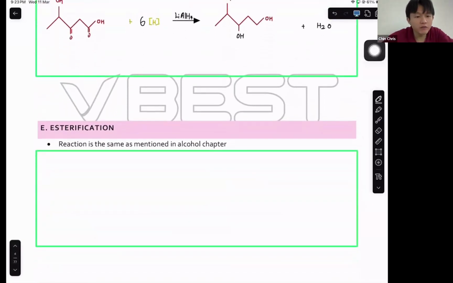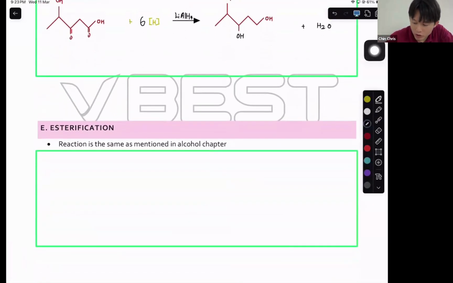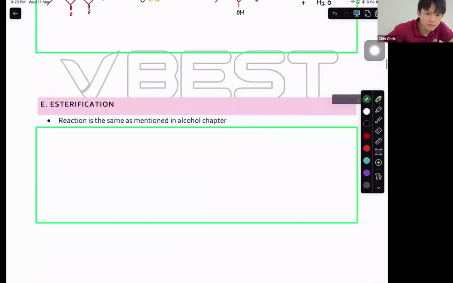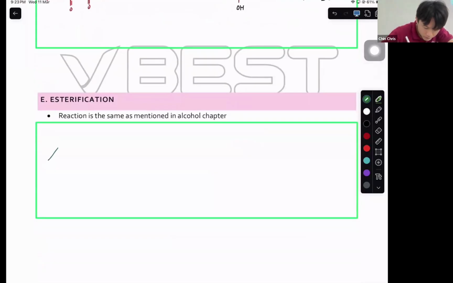Alright guys, finally esterification. I'm just going to give you the last one. I want you guys to draw it out. Draw the product for me.